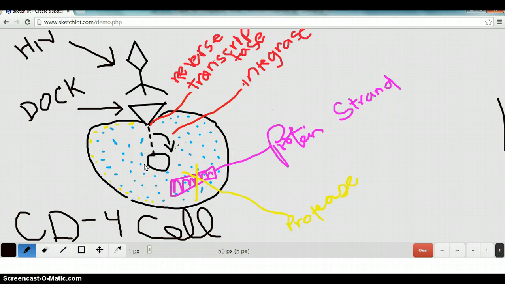Now that we have HIV particles floating around in the cell, step 5 is the HIV particles form a long protein strand, which is here in purple. Step 6, protease is the enzyme responsible for cutting the protein strands into fine particles such as this.